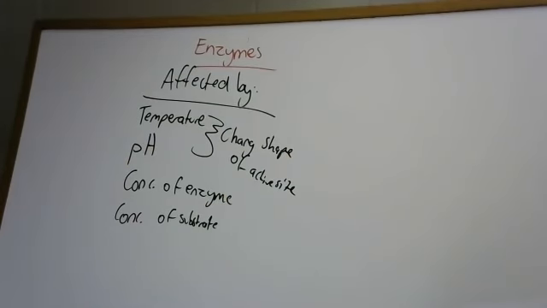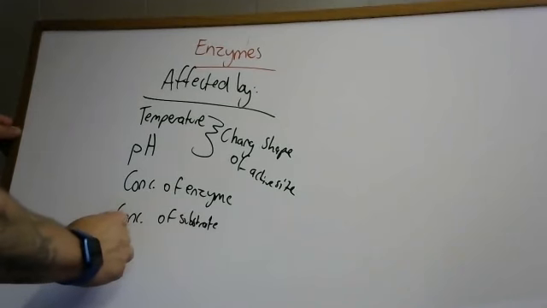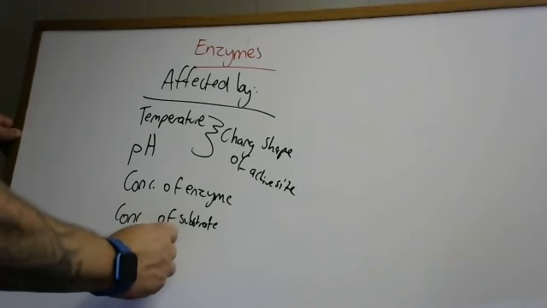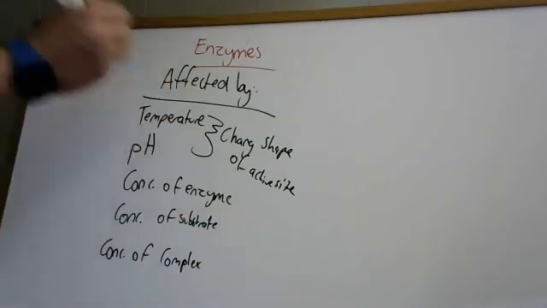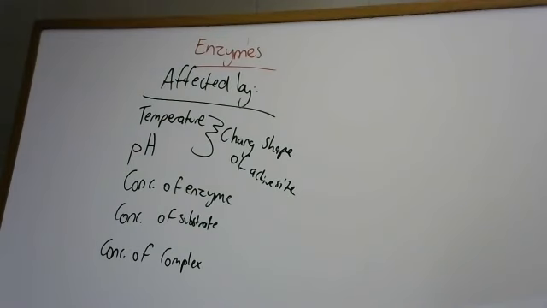The concentration of the enzyme, the concentration of the substrate, and the concentration of the complex, which is the enzyme bound to the substrate, will effectively crowd the enzyme. So there'll be too much and none of the unbound enzyme or substrate will be able to get close enough to each other.